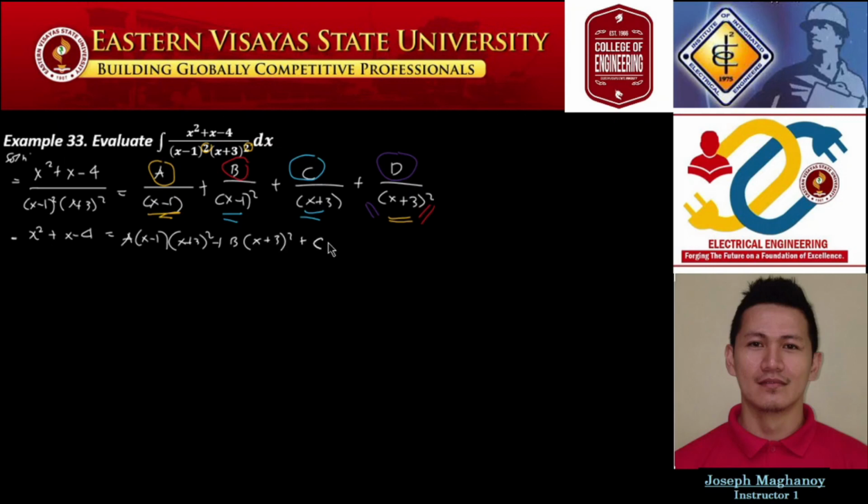How about for your c? You'll copy the b, x minus 1 squared, and x itself, x plus 3 only. How about for your d? You'll copy the a only. So that is x minus 1.